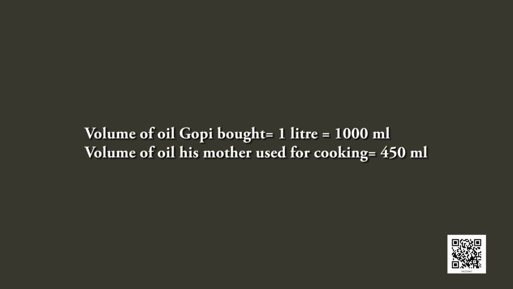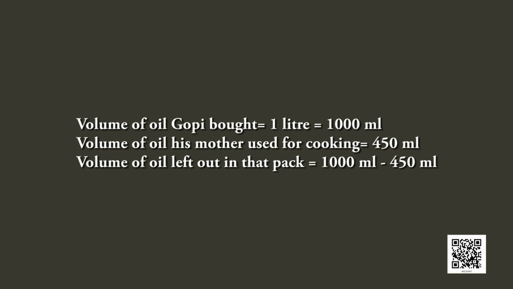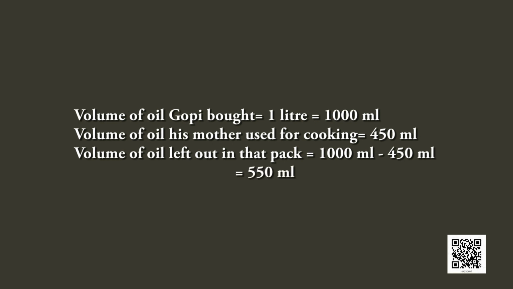Volume of oil his mother used for cooking is equal to 450 milliliters. Volume of oil left out in that packet is equal to 1000 milliliters minus 450 milliliters. Therefore, 1000 milliliters minus 450 milliliters is equal to 550 milliliters.